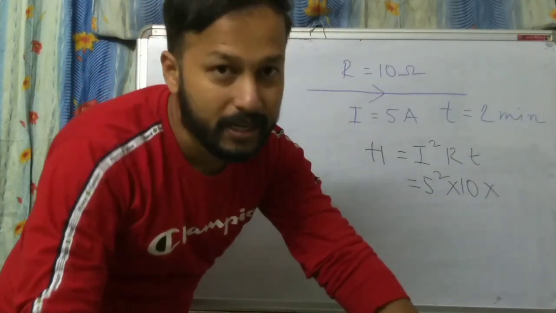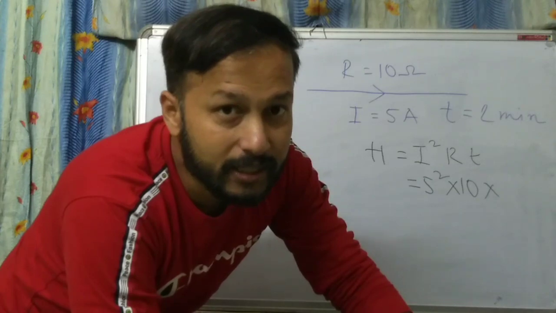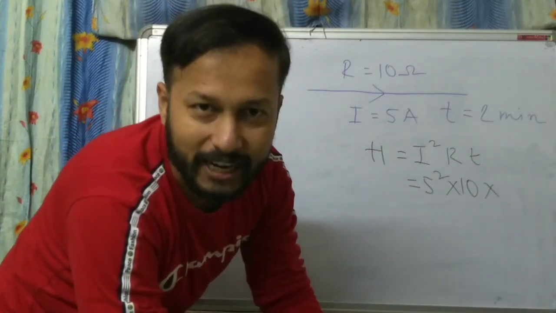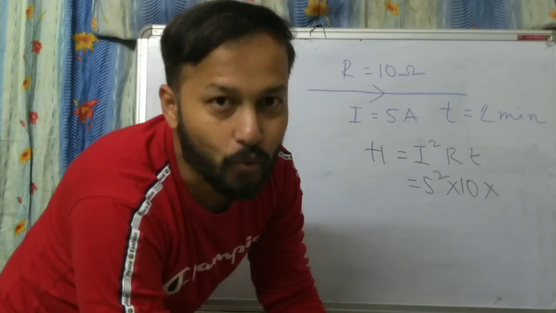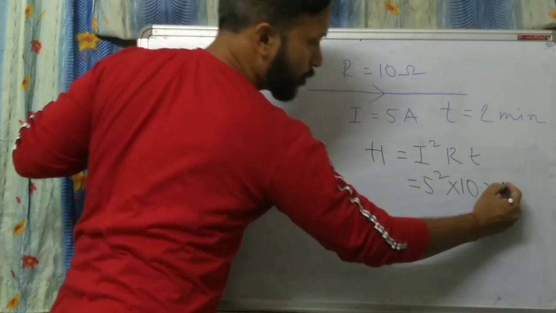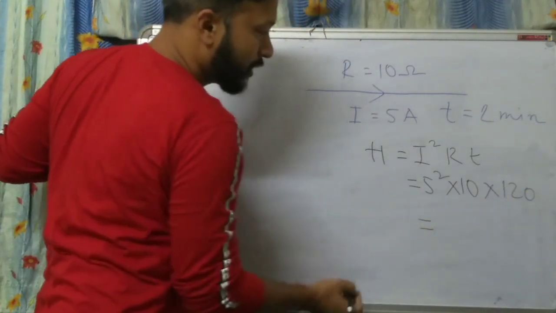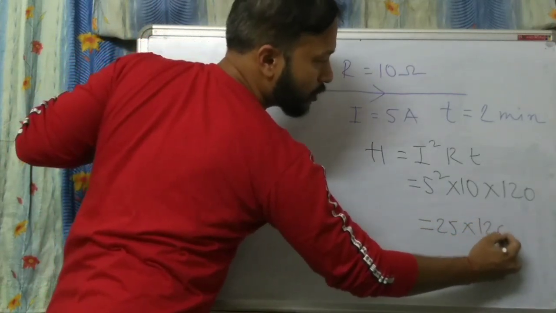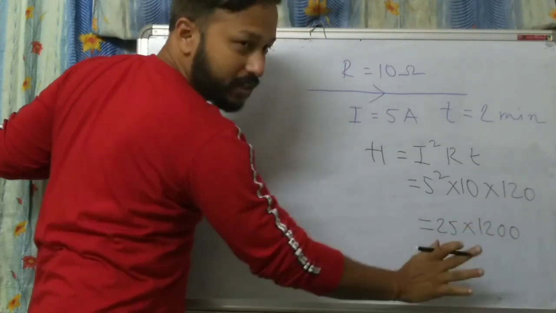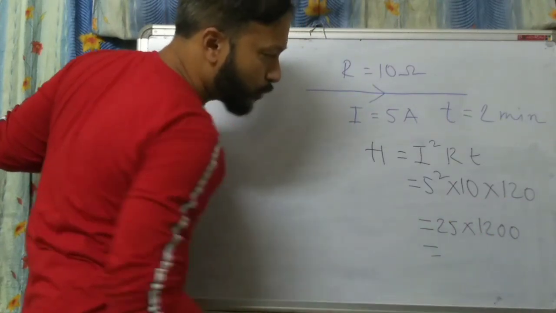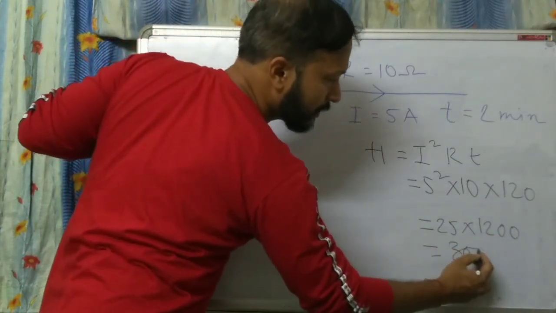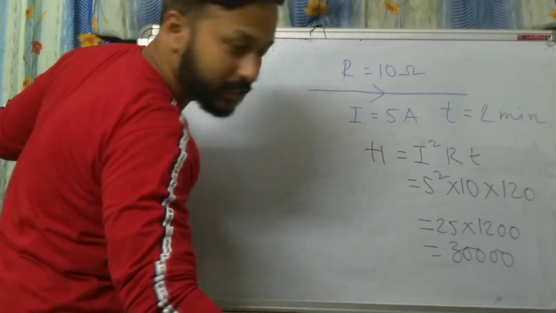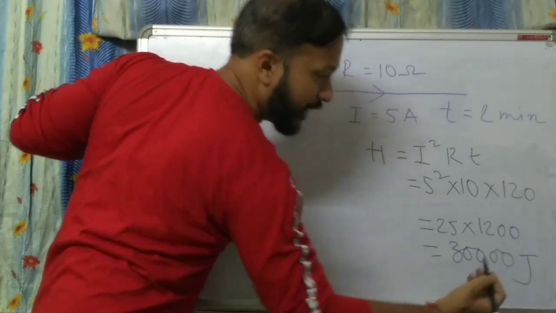Time is 2 minutes, but we have to use the time in second. So 2 minutes equal to 120 seconds. Now 5 square is 25, into 10, into 120. Now 12 into 25 gives 300.